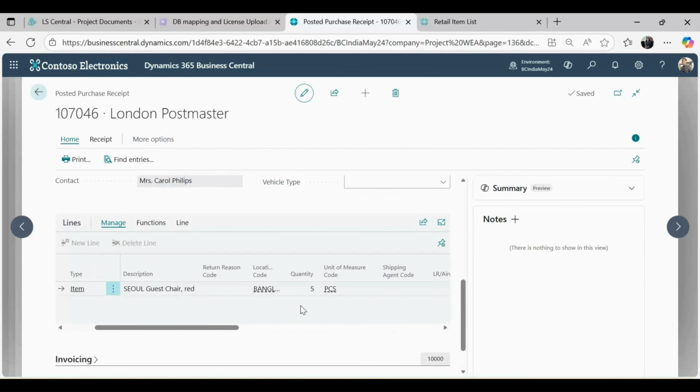If you see here, the system has recorded that I have received 5 units of the guest chair from this vendor. Let's see the entries that are created in the backend on posting the purchase receipt.